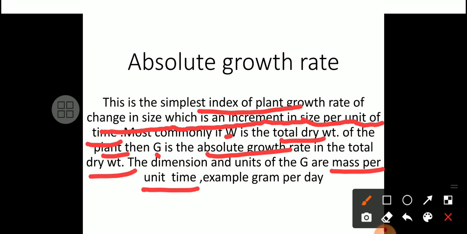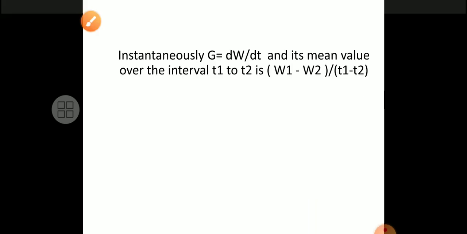Example is gram per unit time. Instantaneously, G is equal to dW divided by dt, and it means the value over the interval t1 to t2 is W1 minus W2 divided by t1 minus t2.